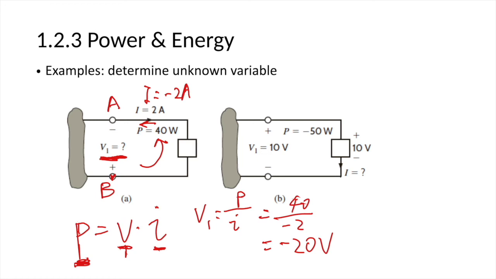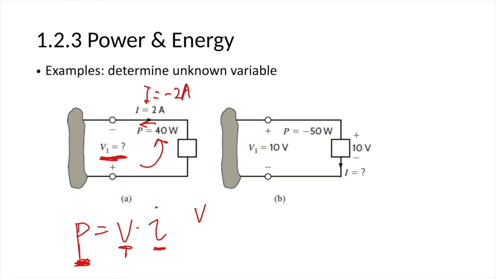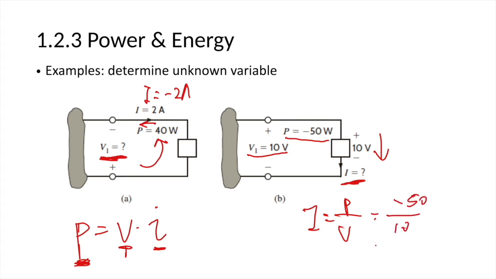Let's take a look at the next example, on figure B. On figure B, the voltage is given, the power is given. You need to calculate the current. Here the 10 volts satisfies the passive sign convention. So I equals P over V equals negative 50 over 10, which equals negative 5 ampere.